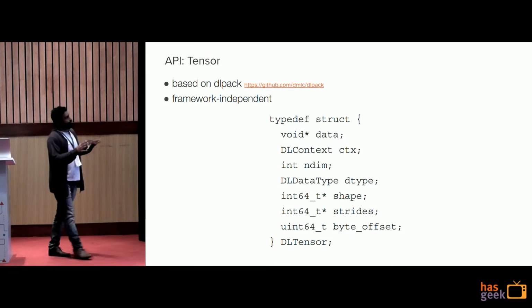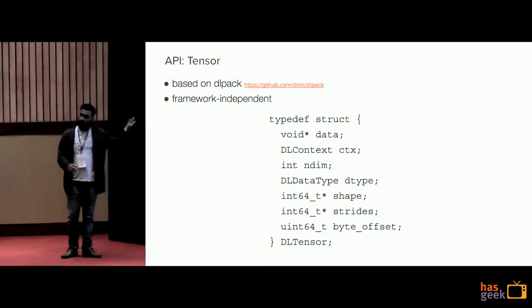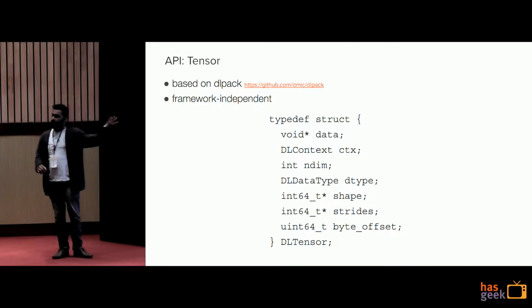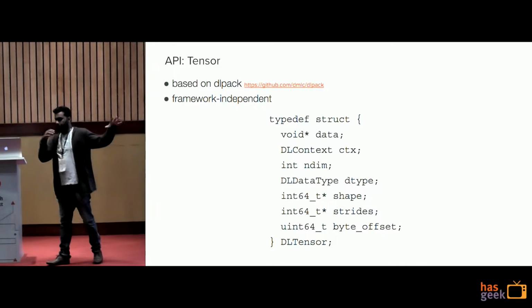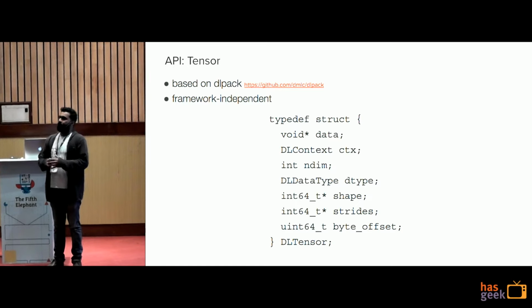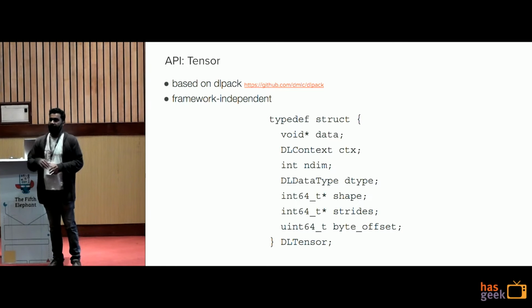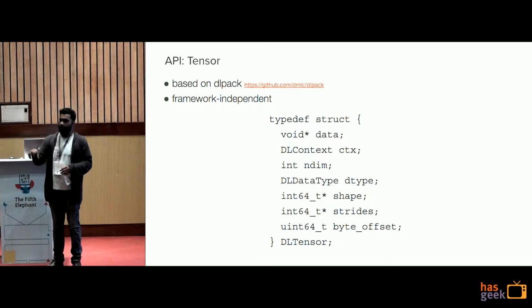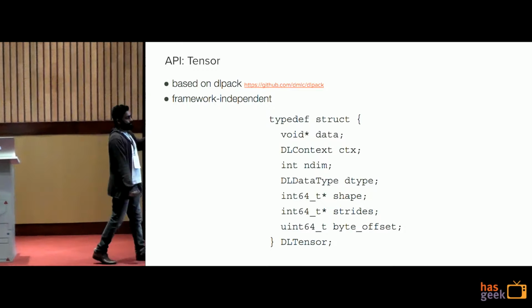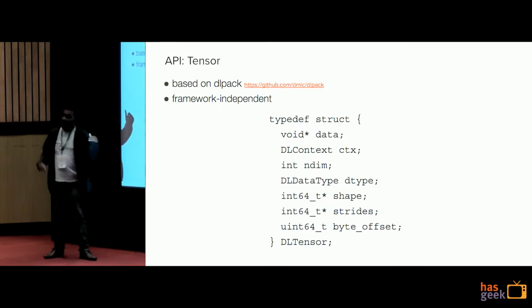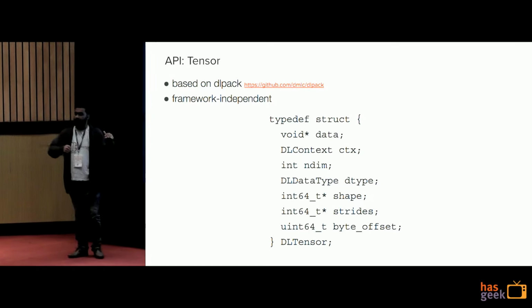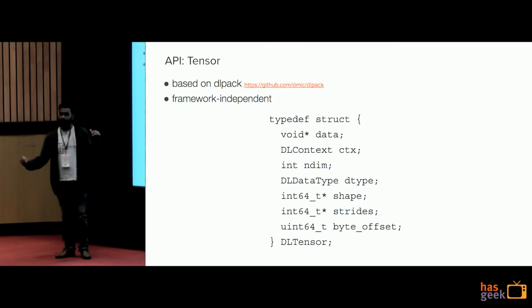So the tensor structure is basically built on top of DLPack. DLPack is an interoperability standard that different companies have made to store tensors. So if your tensor is DLPack, converting your DLPack tensor to, let's say, a PyTorch tensor is extremely cost efficient because you're not going to copy the memory.